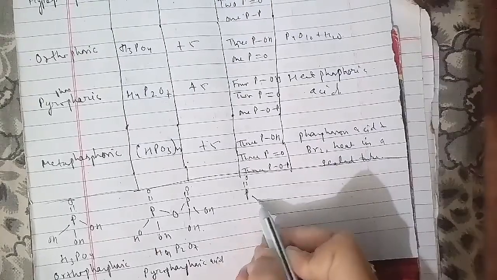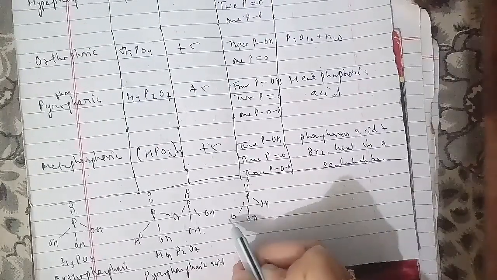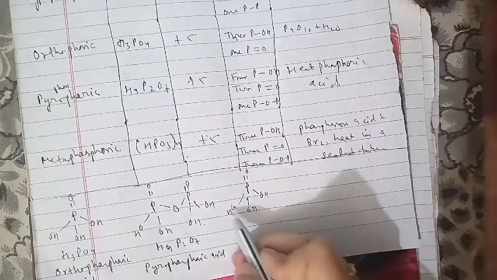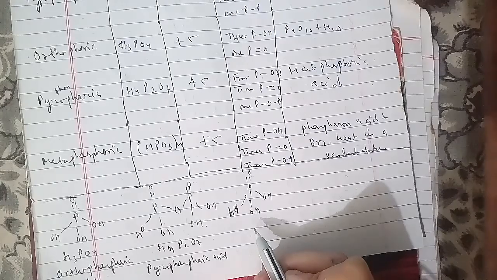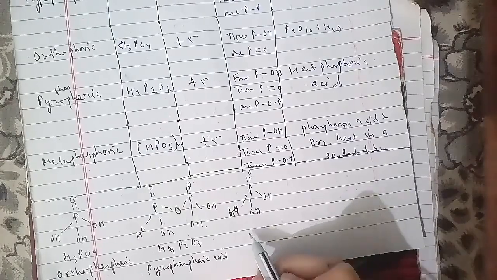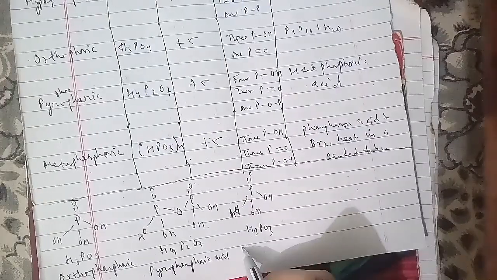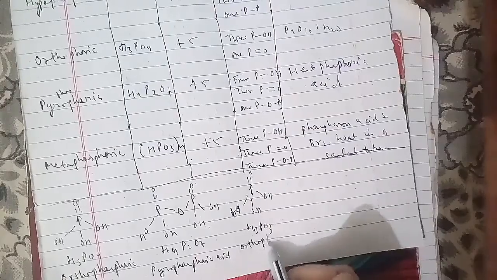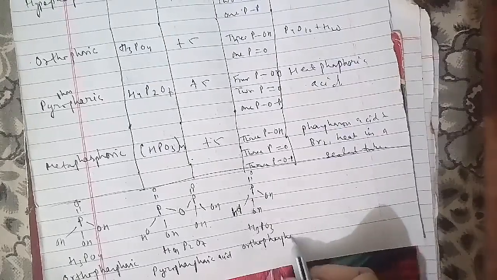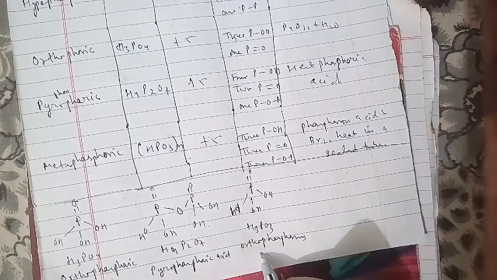The another one we talk about is P bond O bond P double bond O, pair double bond O. This is O P O P double bond O bond OH. This is bond H as well. This is your OH here.